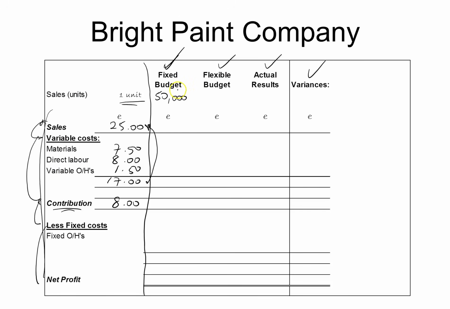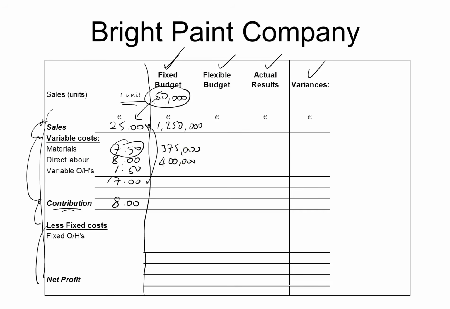Now, if the plan is to produce 50,000 containers and sell them for €25 each, that means we are actually budgeting a sales revenue of 1.25 million. For the materials, 50,000 by 750, that's 375,000. For the labour, 50,000 by 8, that is 400,000.